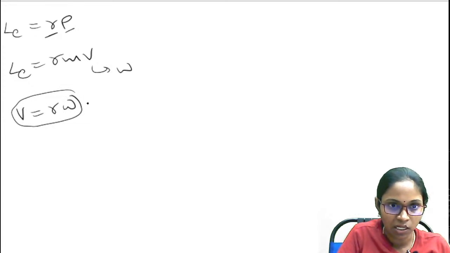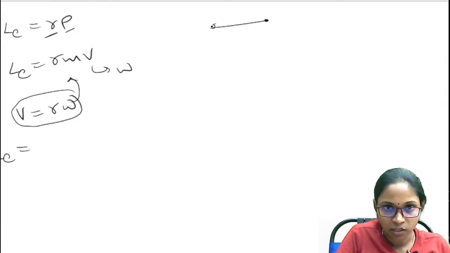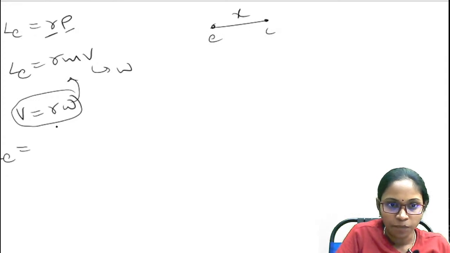Substitute in the above equation. What is the distance between the electron and the center of mass? It is x, right? Therefore, replace r with x. We have m into x omega, so the angular momentum of the electron is m x square omega.